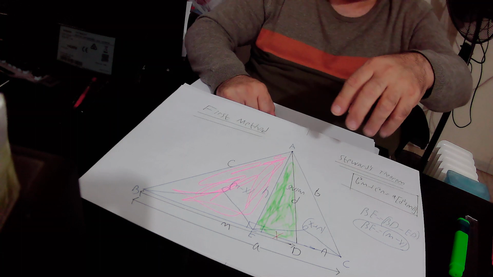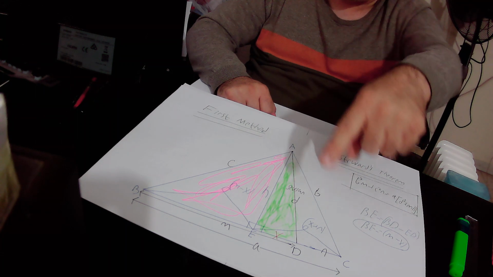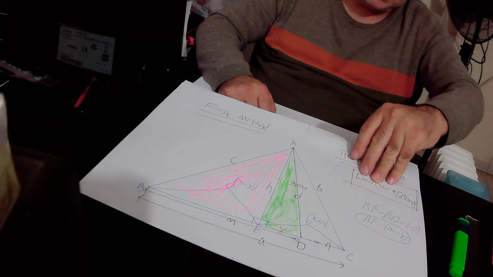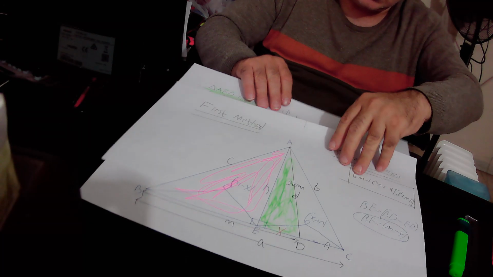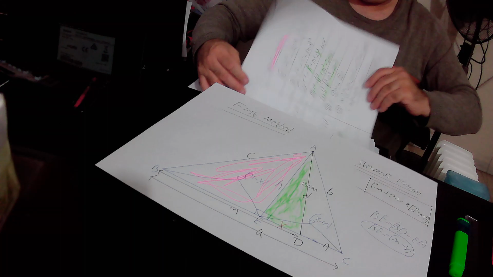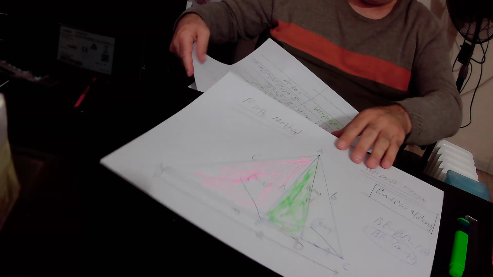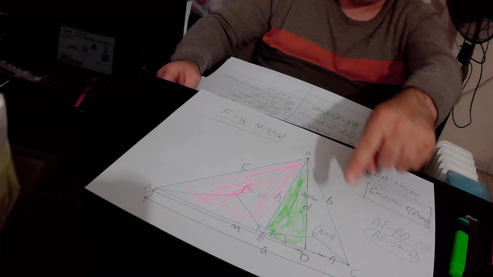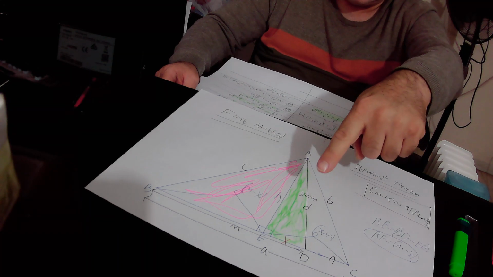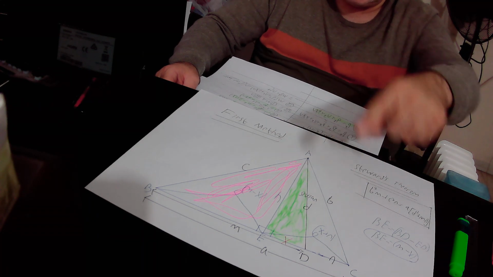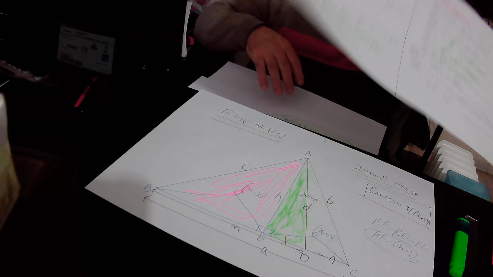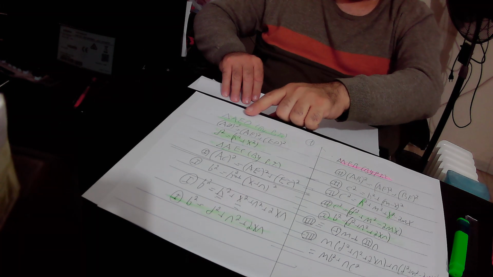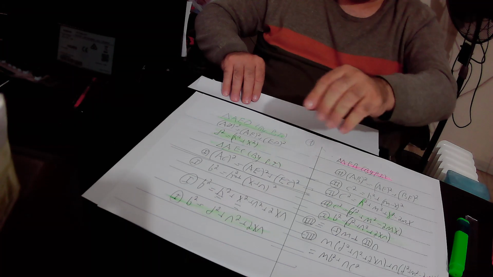Then we implemented the Pythagoras theorem on the green triangle AED. According to the Pythagoras theorem, in the green triangle AED, AD squared equals AE squared plus ED squared.